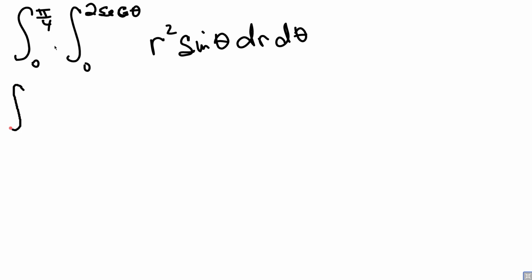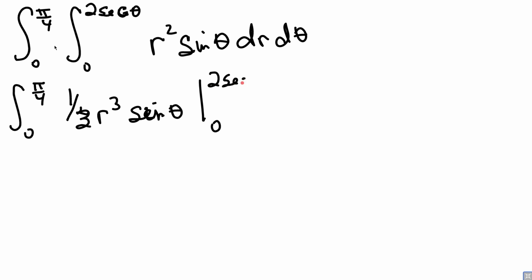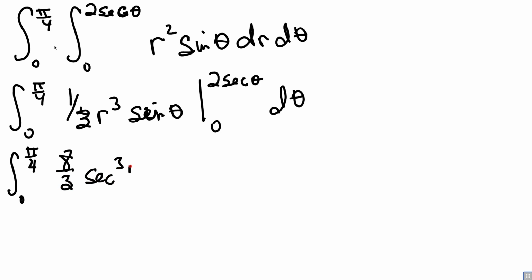When we integrate the first time with respect to r, we end up with 1/3 r cubed sine theta evaluated from 0 to 2 secant theta d theta. 0 is going to be 0, which is nice, so all we have to worry about is 2 secant of theta. So we have the integral from 0 to pi over 4 of 8/3 secant cubed theta sine theta d theta.